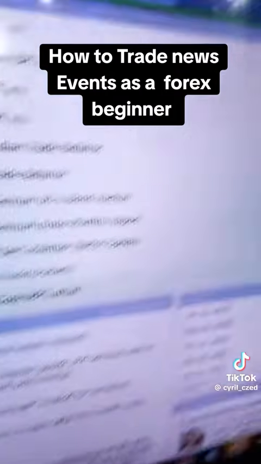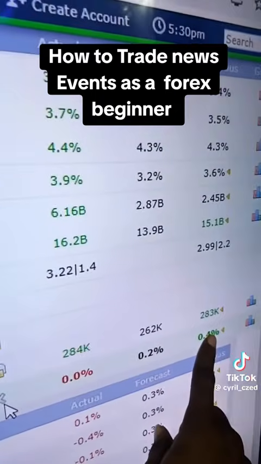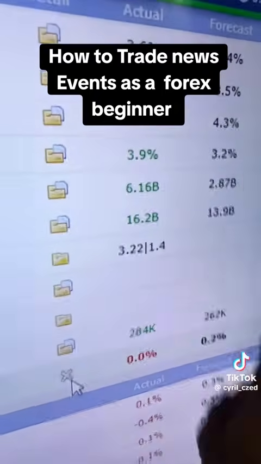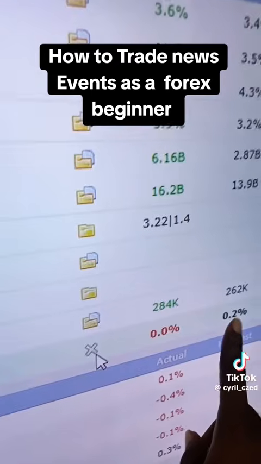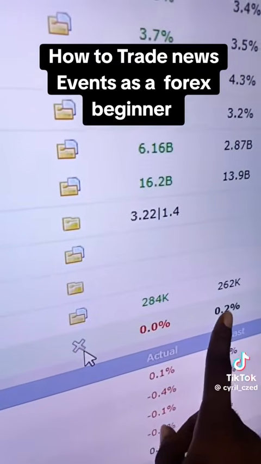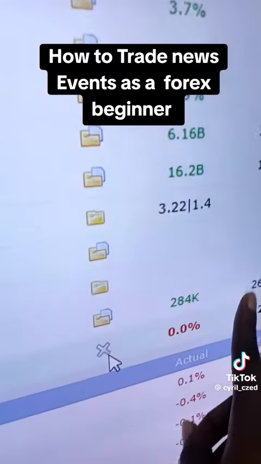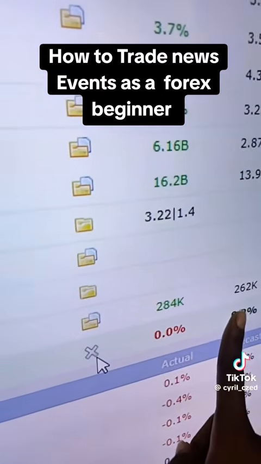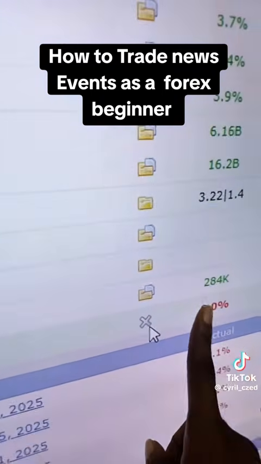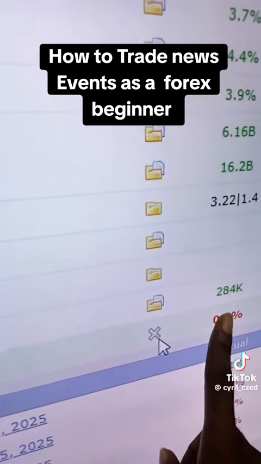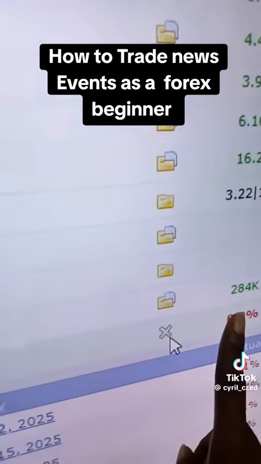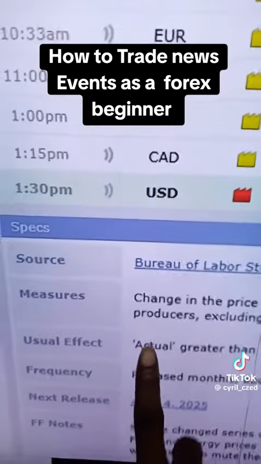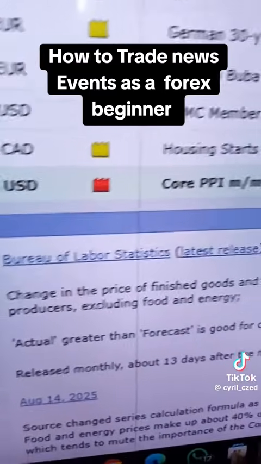Now let's check. The previous on USD is 0.4, and the forecast, the traders' anticipation, is 0.2. It means traders are anticipating less than the previous. So the actual shouldn't go lesser than this. The actual should be more, according to what we are seeing here. Actual greater than forecast will be good for currency.